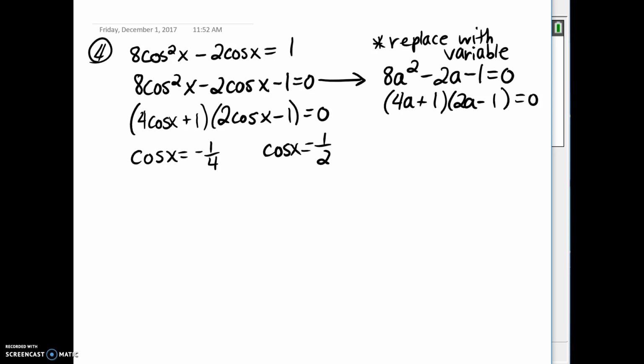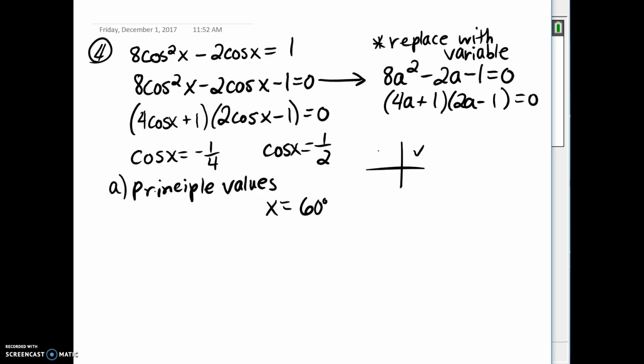Now the cosine x is equal to 1/2 is fine. That one we can do without our calculator, but first I want to do the principal value. So for the 1/2, we're going to get a principal value of 60. Remember, cosine we're picking from the first or second quadrant, and this is in the first quadrant because it's positive.